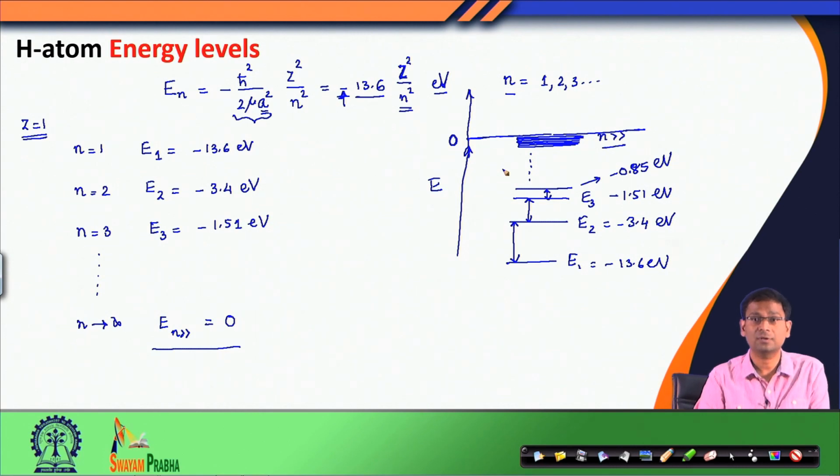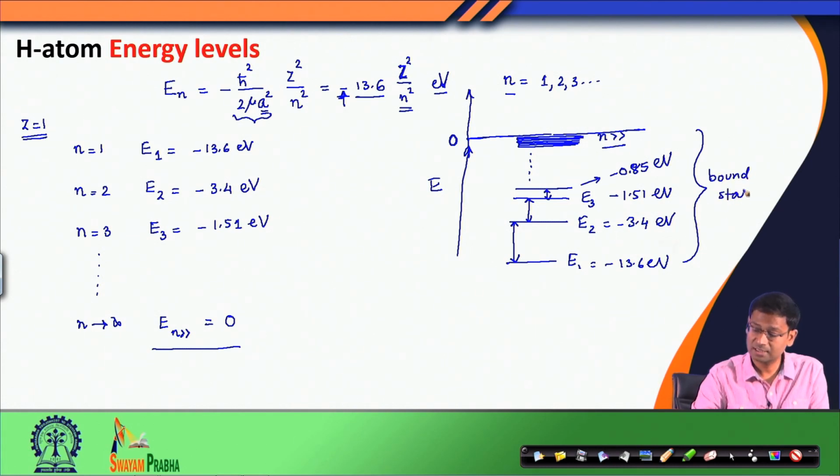The negative value of this energy is a manifestation of the fact that there is an effective attraction between the electron and the nucleus. This attractive force contributes to the negative sign of the energy levels. All these energy levels are called the bound states.